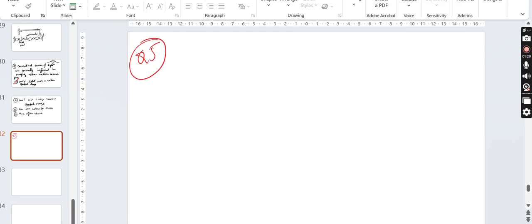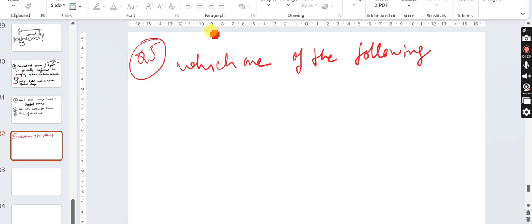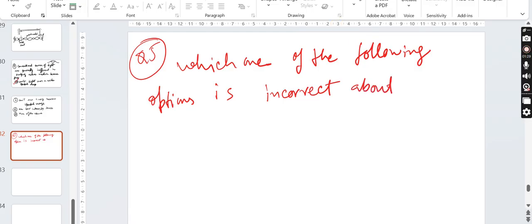Question number 5. Which one of the following options is incorrect about a dichroic mirror? It is expensive, that is true.